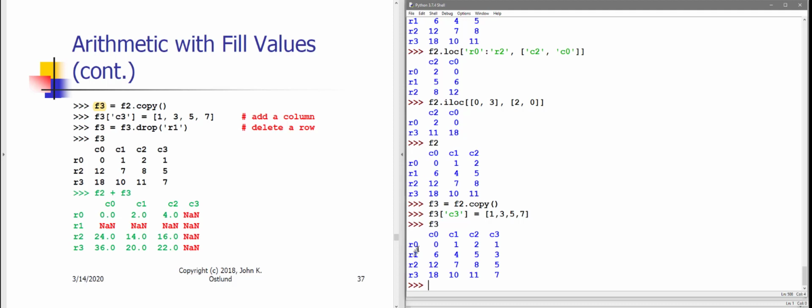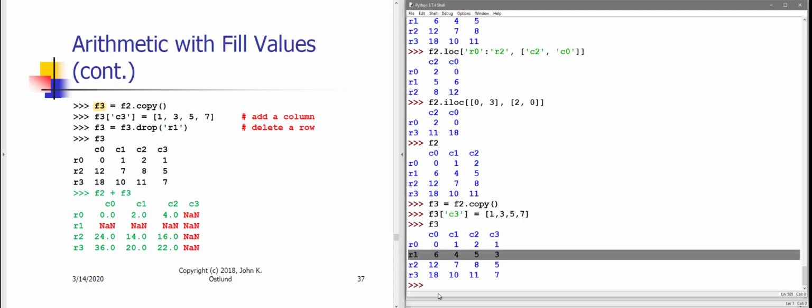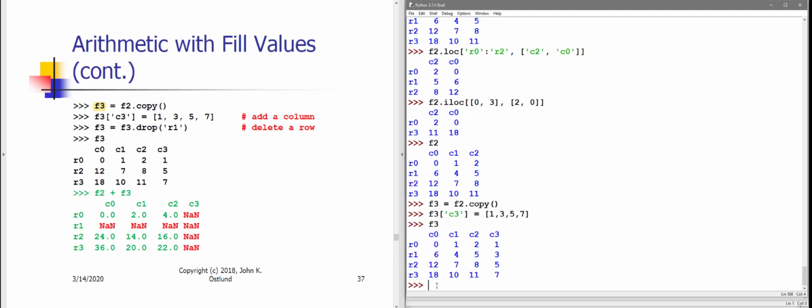Then I'm going to get rid of this row. And remember, I don't use del for rows. I say f3.drop. And that doesn't actually directly drop R1 from F3. What it does is to return to me a copy of F3 in which R1 has been dropped.